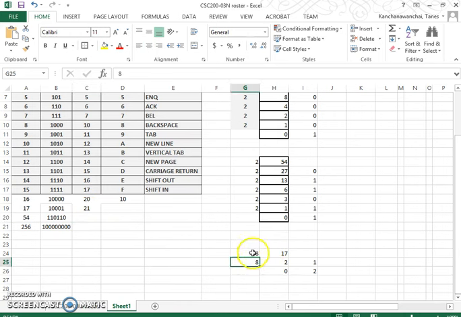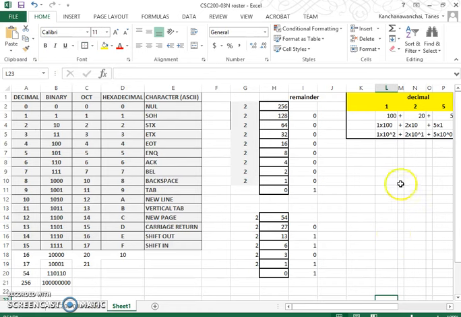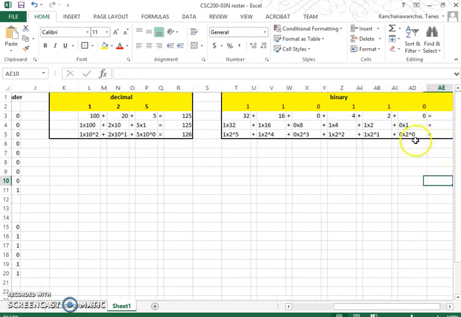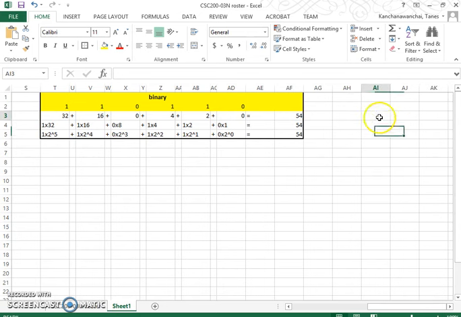And it's the same principle when you convert from octal to decimal. You will do the same, but instead of base 2, you're going to do 8 to the 0, 8 to the 1, right? Like if I have 21, right? So you see that 1 times 8 to the 0, right?